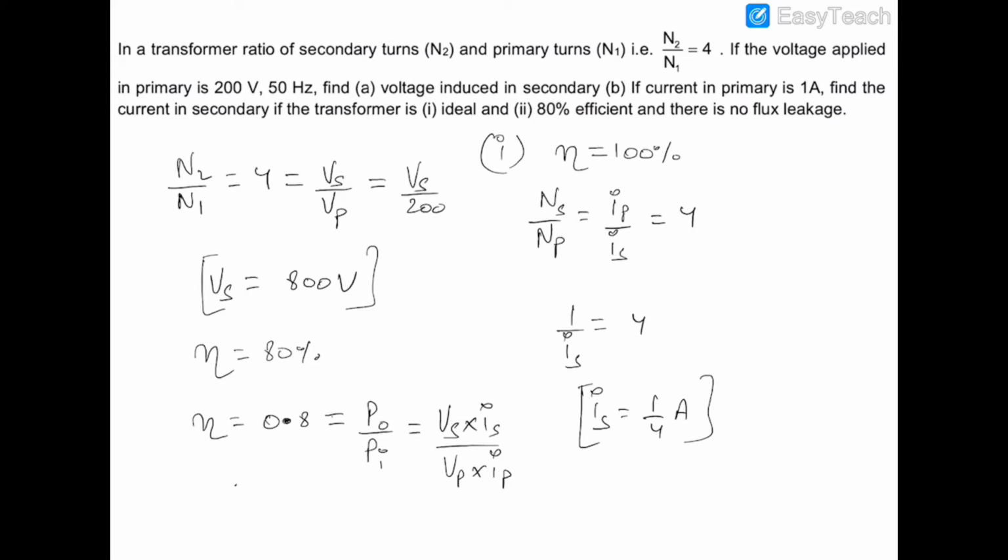So 0.8 is equal to 4 into Is upon Ip. Now Ip is equal to 1 ampere. So Is will be equal to 0.8 upon 4, which is 0.2, which is also 1 upon 5 ampere.